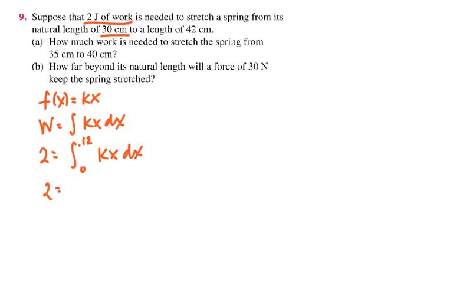So we have 2 equals, this is an easy integration, 1/2 kx squared from 0 to 0.12. So 2 equals 1/2 k. I would move that 1/2 over and make it a 4 and just work with kx squared.